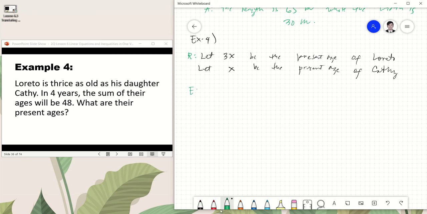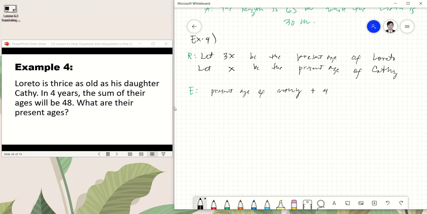Then, we go to our equation. So, take note that this is about their age in 4 years. So, ibig sabihin nito, okay, whatever is the present age of Kathy, mag-a-add pa tayo ng 4 years. Kasi it's in the future. Pag, let's say, 4 years ago, meaning nun, magsasubtract tayo ng 4.